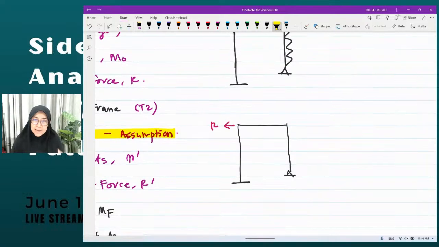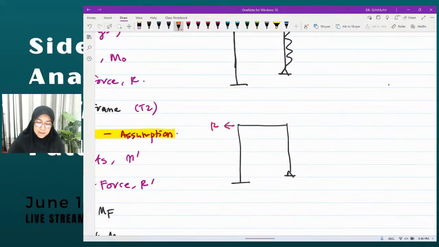For the second one, due to R, we have to assume FEM and then, based on the geometry, calculate another FEM. So there are two FEM here: one is FEM for AB, another one is FEM for CD.